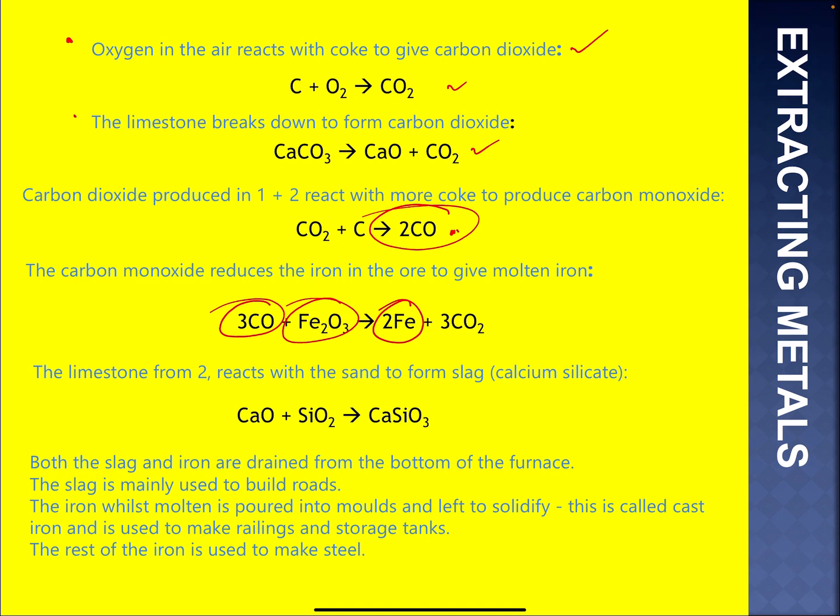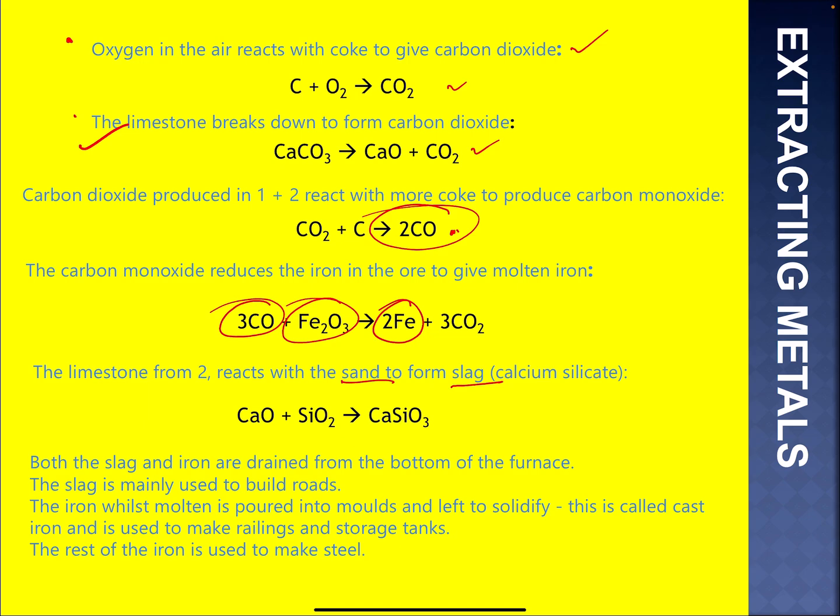The calcium oxide from reaction 2 reacts with the sand, basically it removes any impurities like sand, and it forms slag, which is calcium silicate. And then both the slag and the iron are drained from the bottom of the furnace.